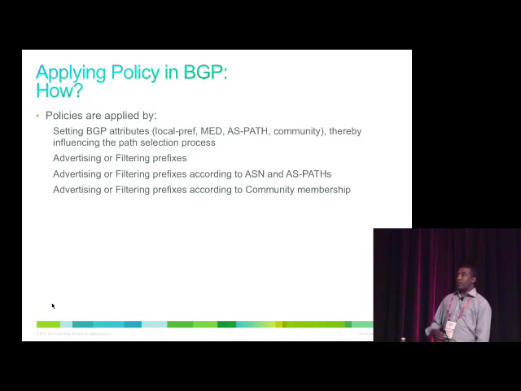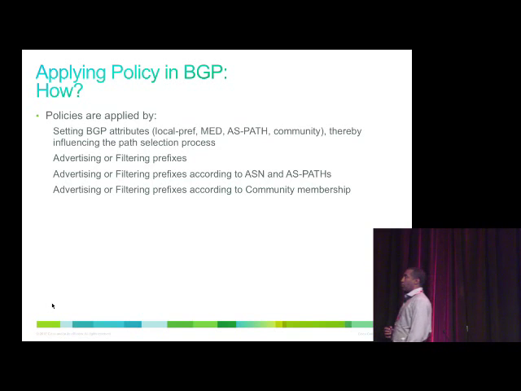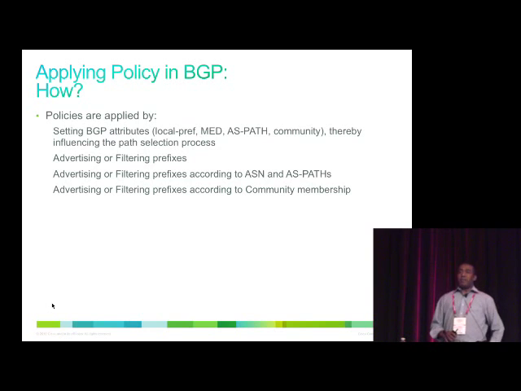So how do we apply policies? It's usually using some kind of route policy language, and by manipulating the attributes. You set the MED or the AS path length. There are ways to increase the AS path length by prepending multiple ASs, by changing the local preference, by changing the weights.